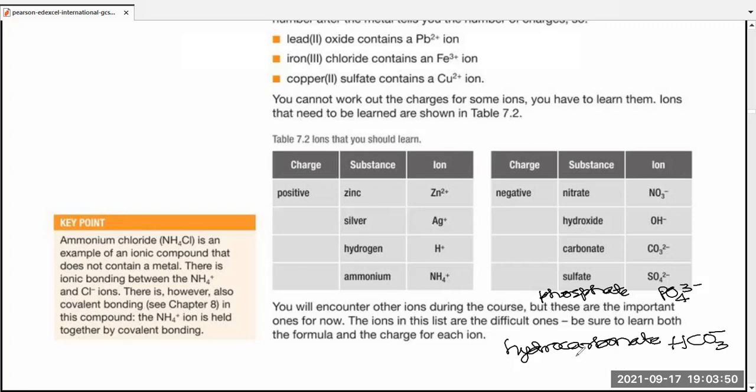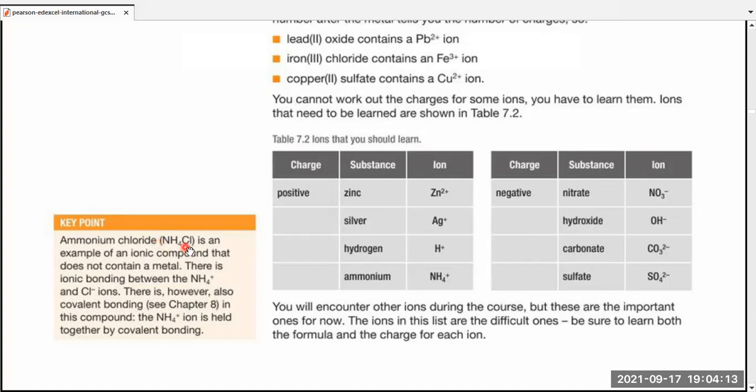So there are some ions which we need to memorize because we cannot always work out their charges. The ones with more than one atom are known as polyatomic ions. The word poly means many, and as they have more than one atom in their structure, they're considered polyatomic ions. We have one important key point here.